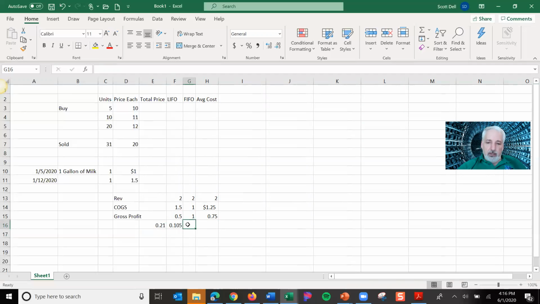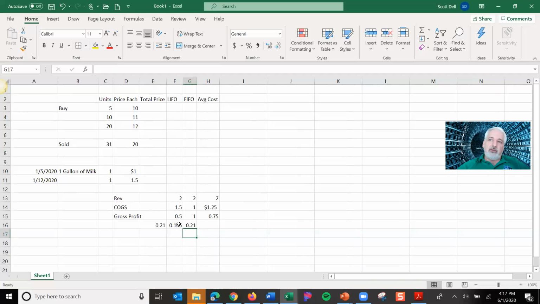If I go ahead and I multiply my tax rate times my profit here, I'm going to end up with 21 cents. Now, would you rather pay 10 and a half cents in taxes or 21 cents for selling the same gallon of milk? I'd rather pay 10 and a half cents, personally, half the taxes.